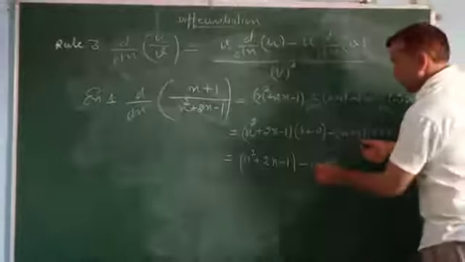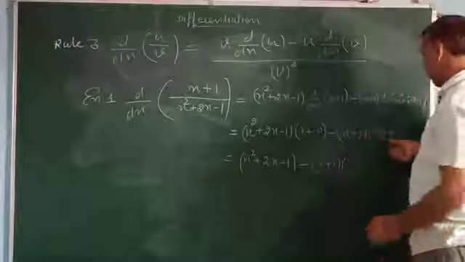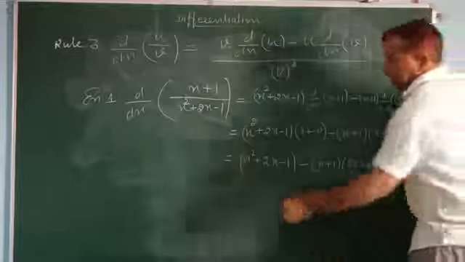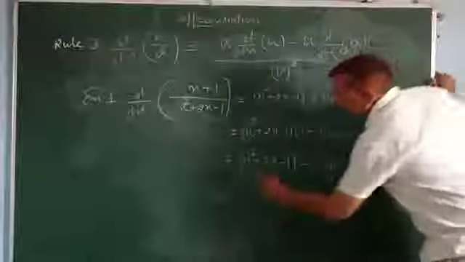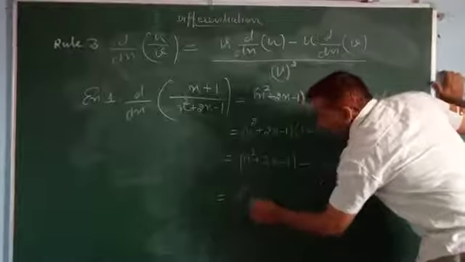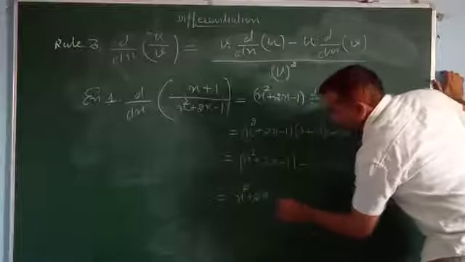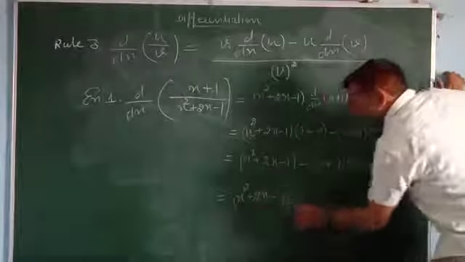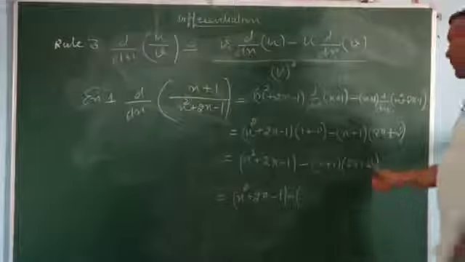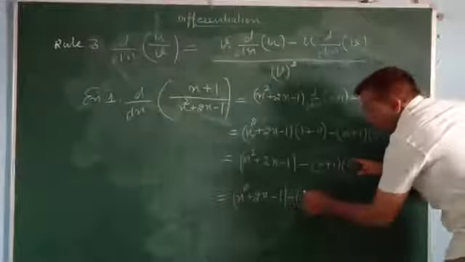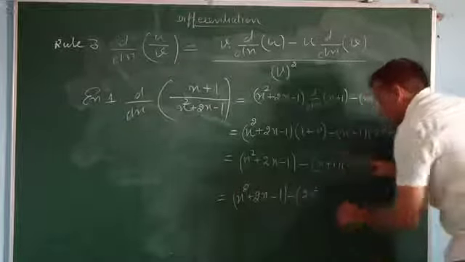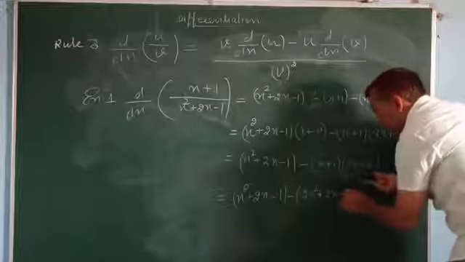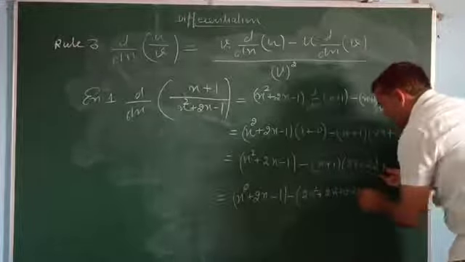Minus x plus 1 into 2x plus 2. That will be equal to x square plus 2x minus 1 minus the product of this and this function, which will be 2x into x, that is 2x square, plus 2x, 2 into x, that is 2x, 1 into 2x plus 2x, 1 into 2, that is 2.